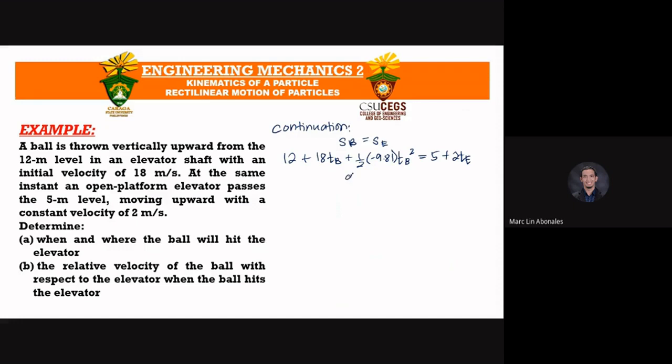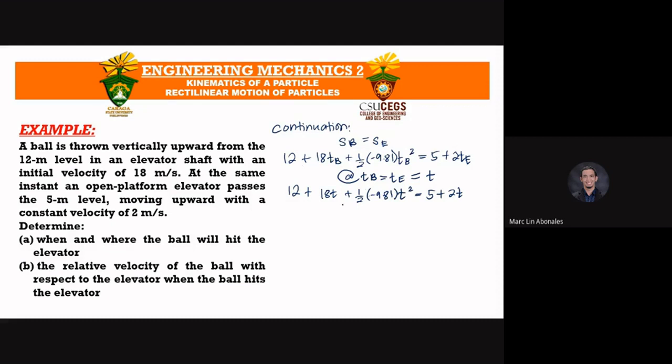So ato ang TB is equal to TE kay it will have the same time kung asa mag-hit ang ball and elevator. So we will just denote that with a variable t. So that would be 12 plus 18t plus 1 half negative 9.81 t squared is equal to 5 plus 2t.